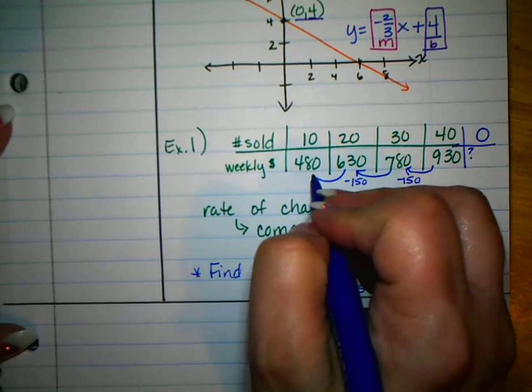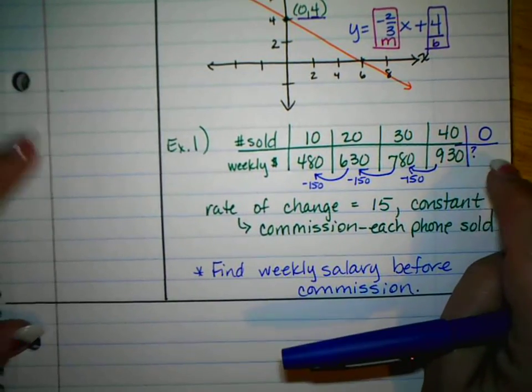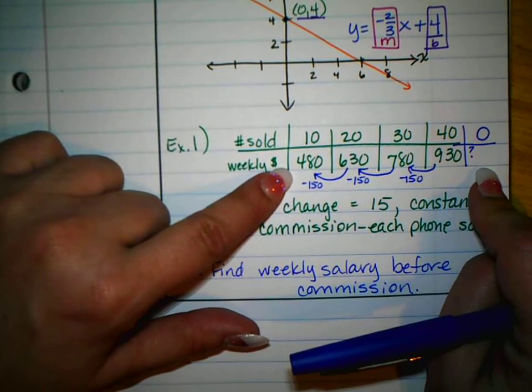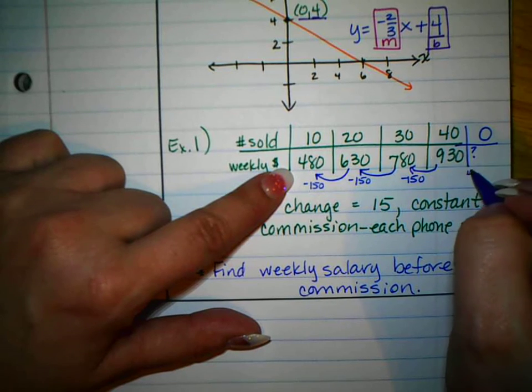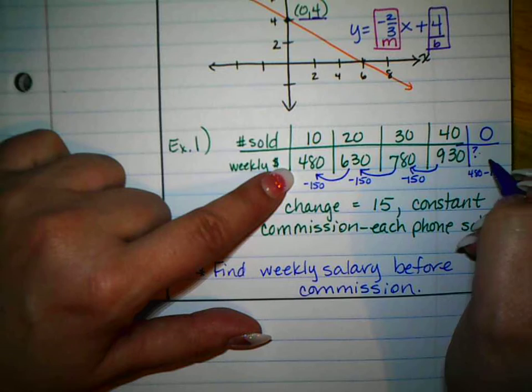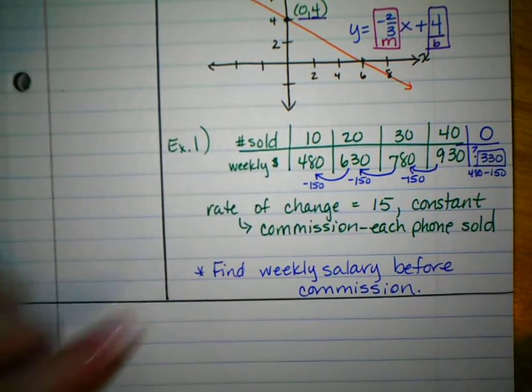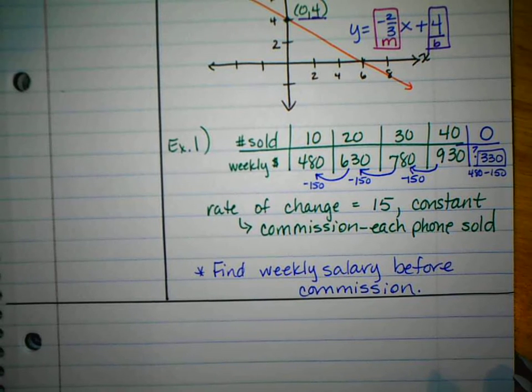To go from here to here, I subtract 150. So to find this amount here, I need to do 480 minus 150, and I will find that his weekly salary is $330.